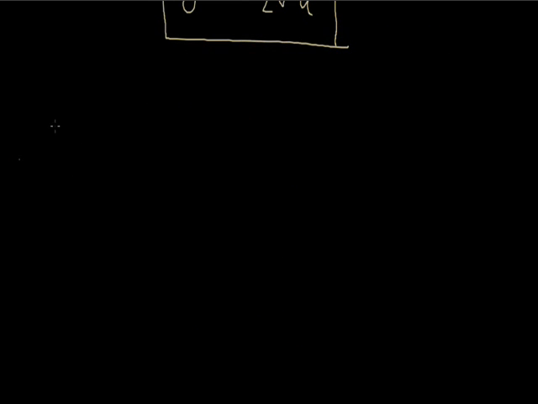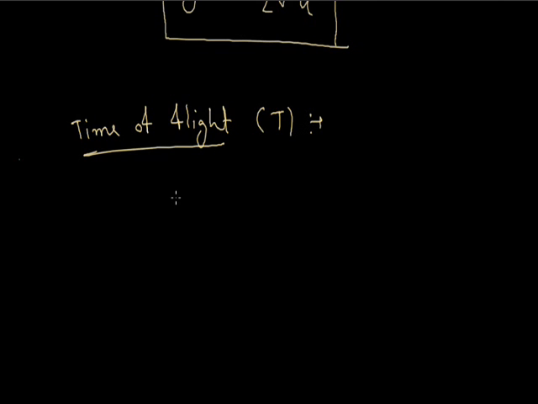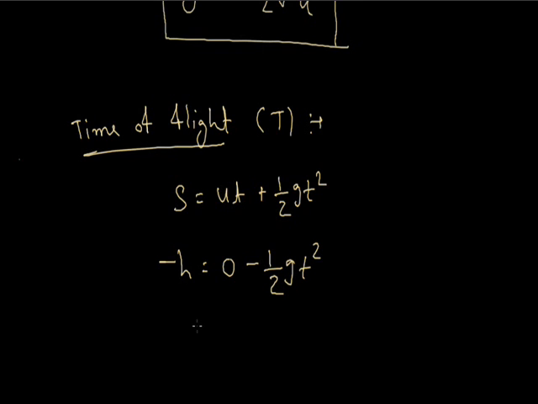Now we can find the time of flight. The time of flight for horizontal projection is denoted by capital T. We can say S equals u t plus half g t square. Here S is minus h, the component of the velocity in the vertical direction is 0, and g is negative, so minus h equals minus half g t square.